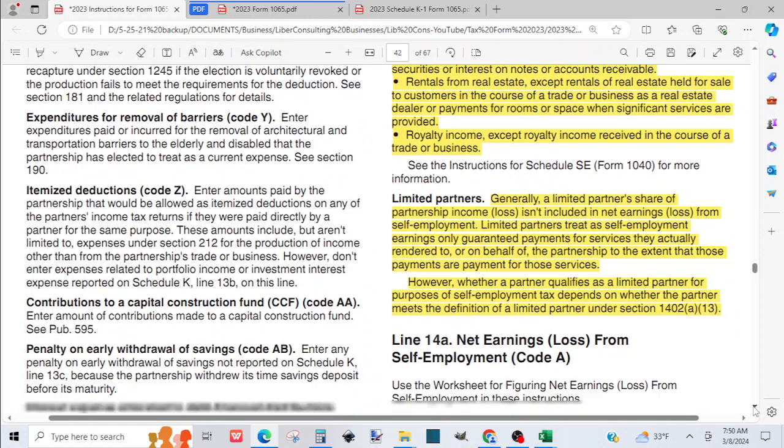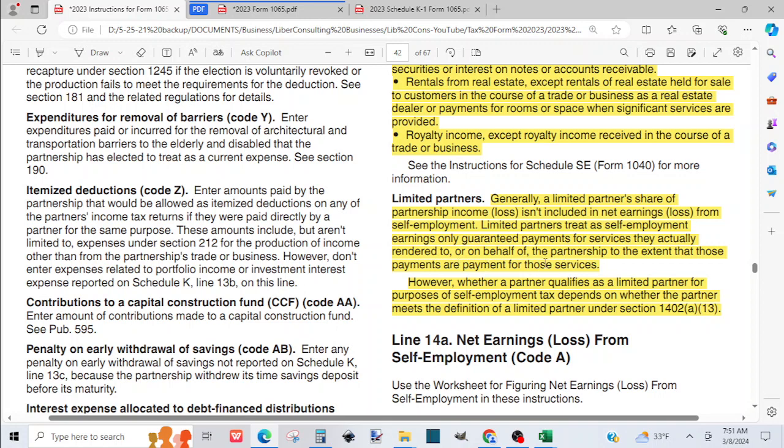Then they have limited partners. Generally, a limited partner's share of partnership income or loss isn't included in net earnings or loss from self-employment. Limited partners treat as self-employment earnings only guaranteed payments for services they actually rendered to or on behalf of the partnership, to the extent that those payments are payment for those services.